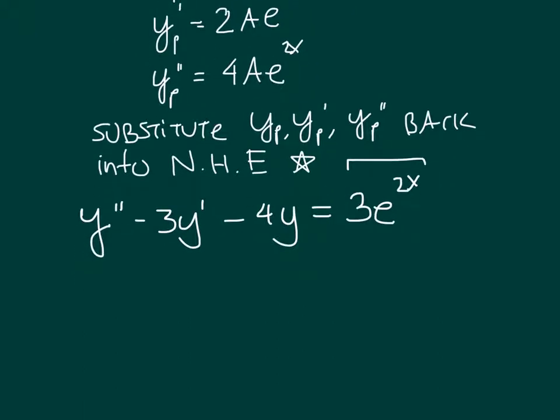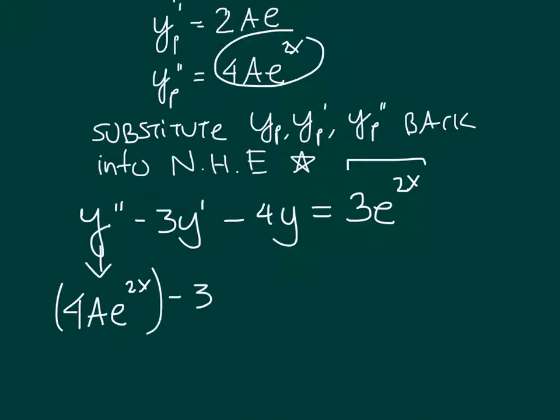And we have, so y double prime is right here. We have 4a e to the 2x, right? We're literally just substituting. Minus 3 times, okay, what's our y prime? Right here.